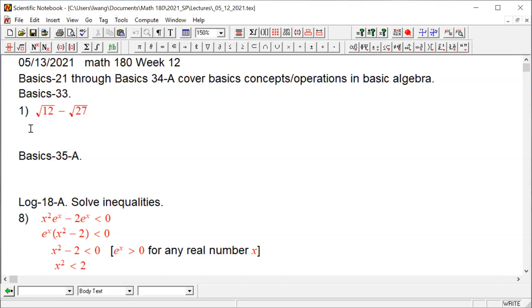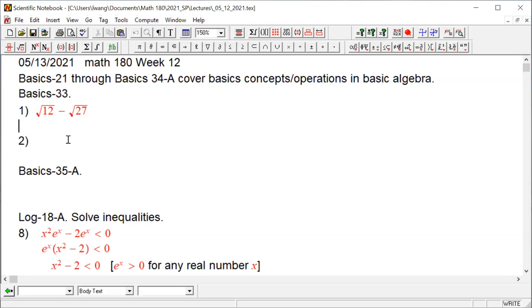And then I'm going to give you number 2. Try those. Can you simplify them? This kind of thing may show up in the last step of your calculus task. Suppose you're doing integration. In the end, you get something like this.